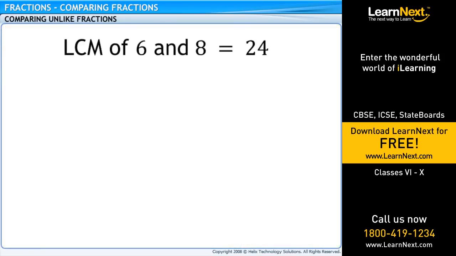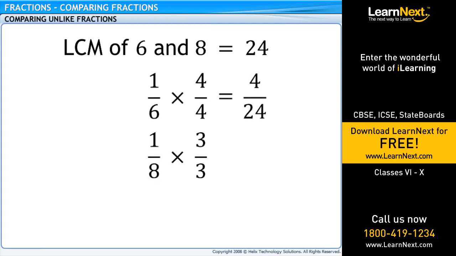We know that the least common multiple of 6 and 8 is 24. Equivalent fractions of the unlike fractions 1 upon 6 and 1 upon 8 should have 24 as the denominator. Multiply 1 upon 6 by 4 upon 4 and 1 upon 8 by 3 upon 3.